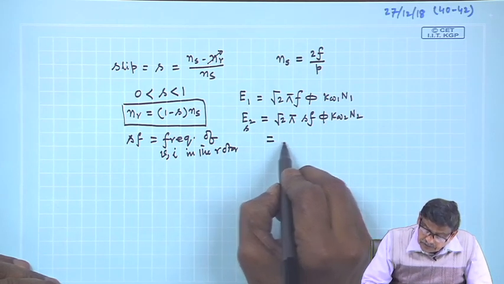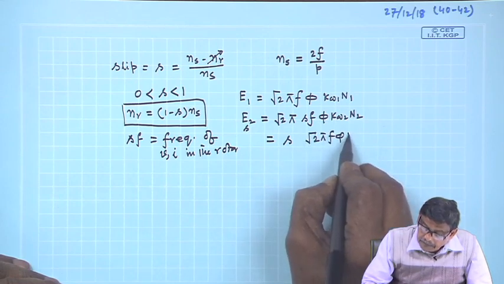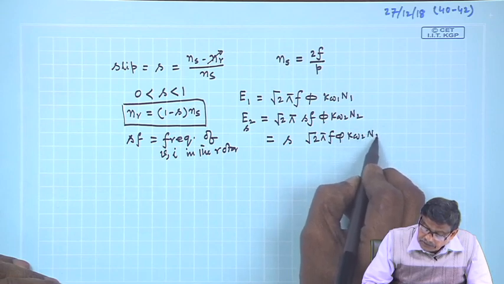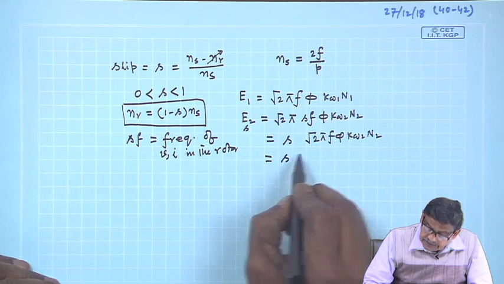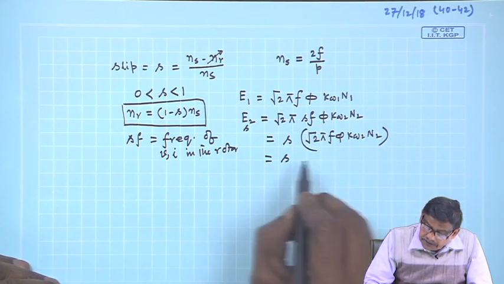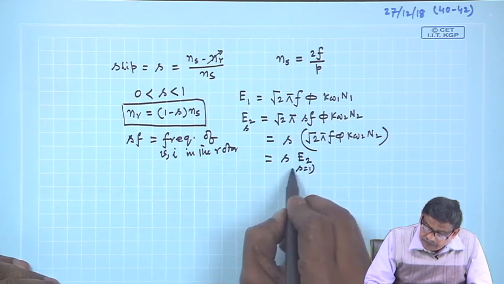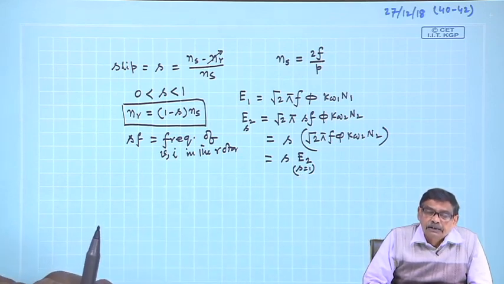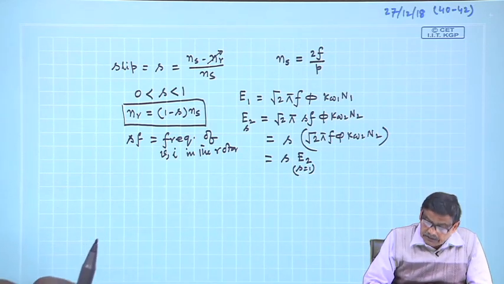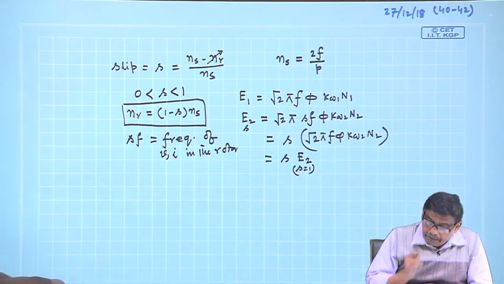Now, this is equal to S into root 2 pi f phi kw2 N2, and at s equal to 1, this quantity is nothing but the induced voltage E2 at s equal to 1. E2 at s equal to 1 is called the induced voltage per phase in the rotor coils when the rotor is at standstill condition. So, that is the thing.